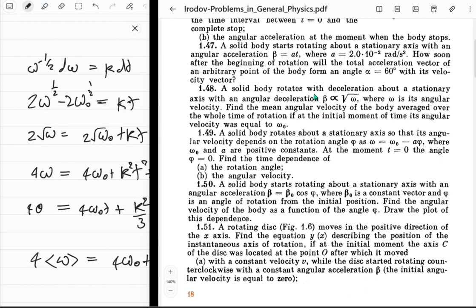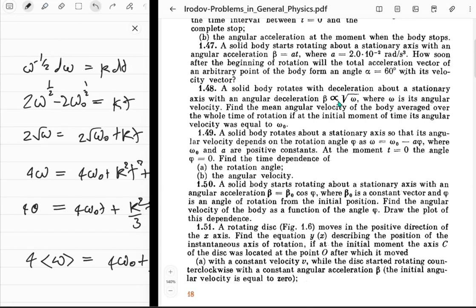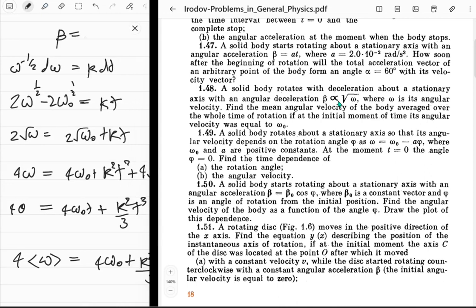They didn't give us what k is, so we'll have to eliminate that somehow. The only way to eliminate it is using this equation. Or we can use beta equal to k square root of omega. But what about the time? Time will be there all the time, right?